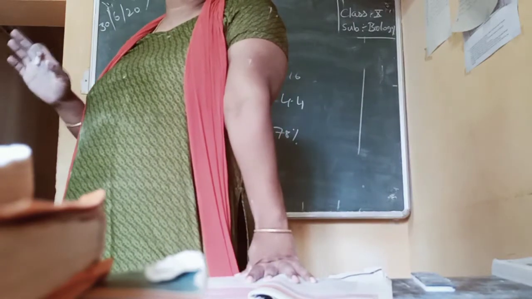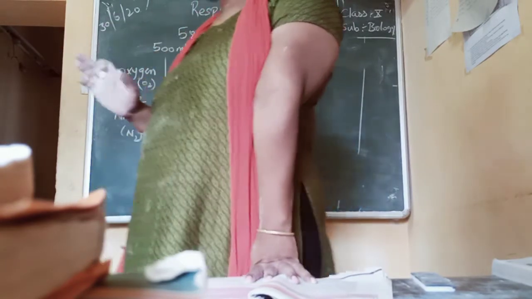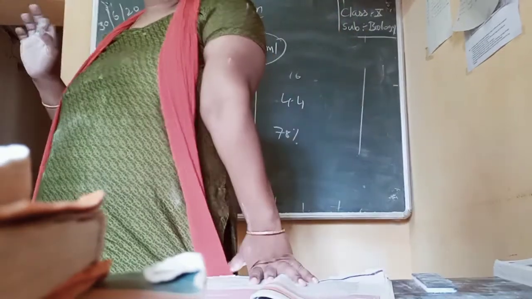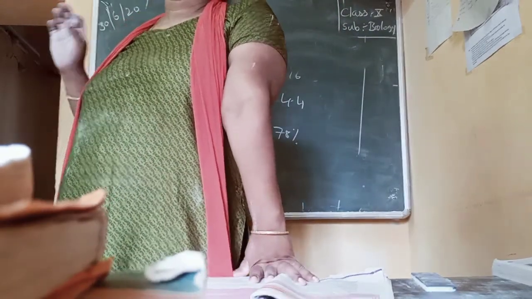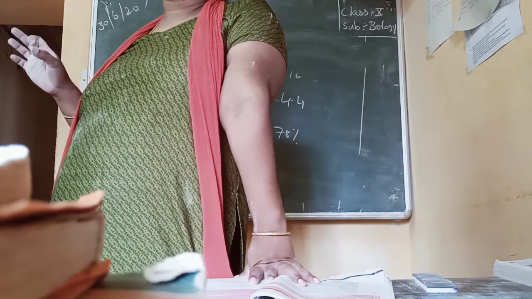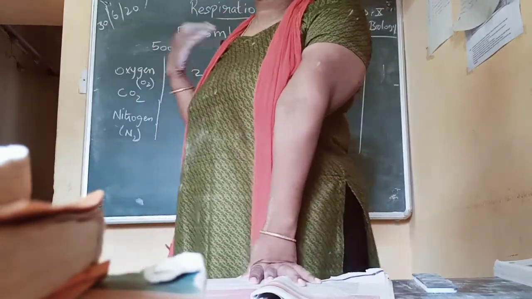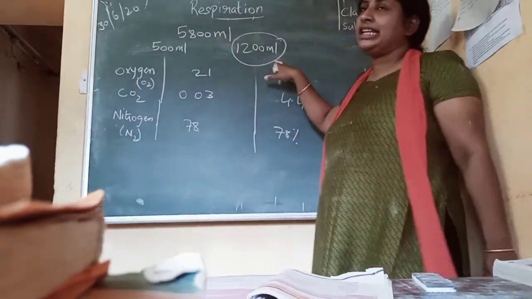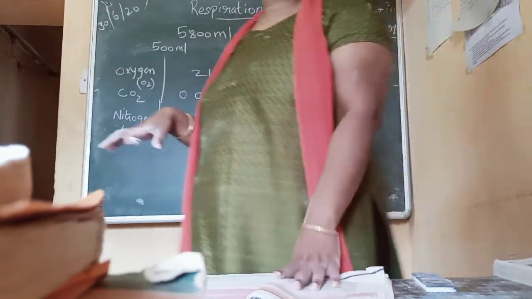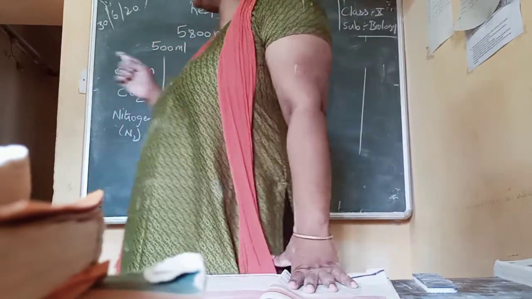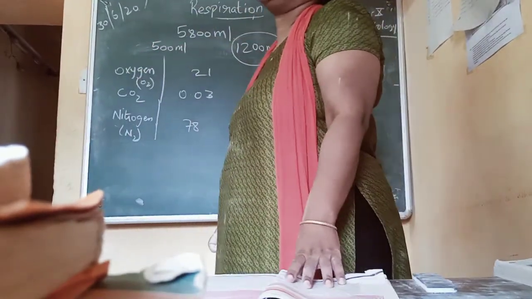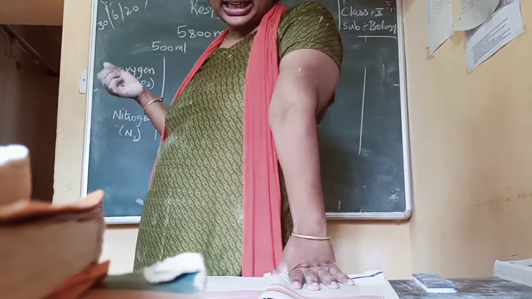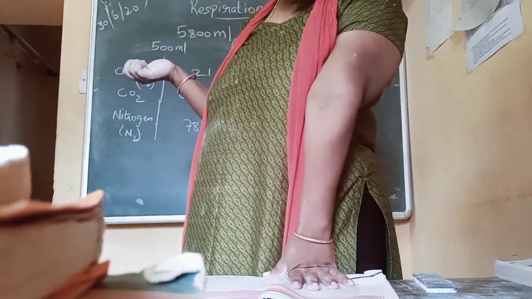The lung capacity is 5,800 ml. So the lung can take 5,800 ml of air. After exhalation also, still 1200 ml of air remains in the lungs, because this air helps to prevent the lungs from collapsing.